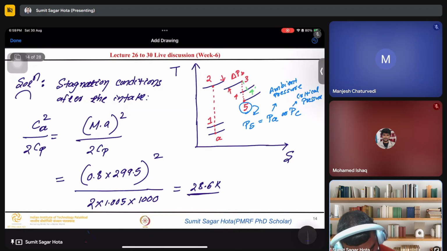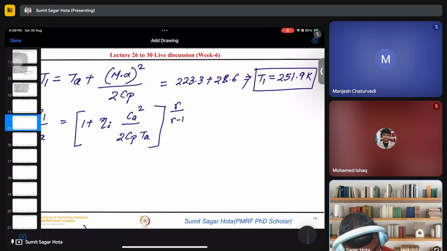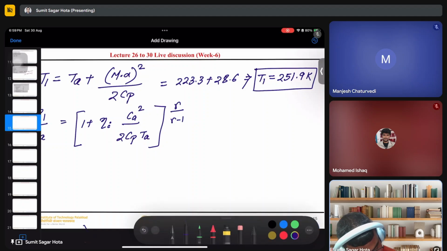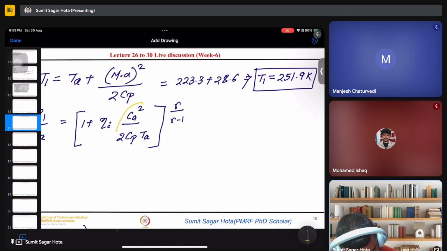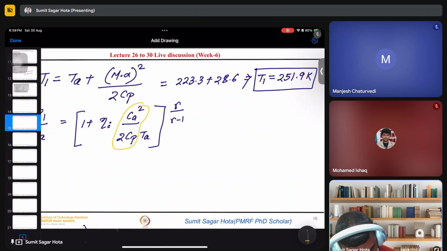We already know this term, Ca square divided by 2Cp. What is the value of this term? It is 28.6 Kelvin.